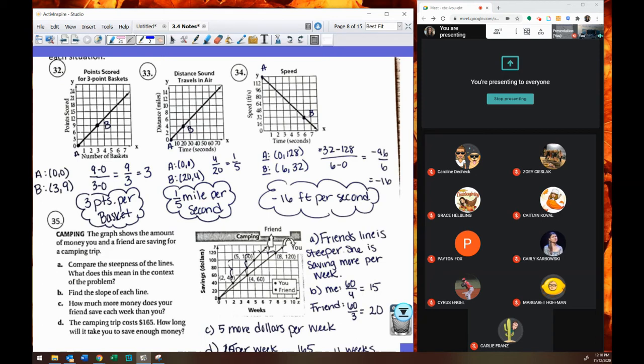We're talking about proportional relationships, which are specific situations where both variables in a problem change consistently. So they're going to be problems just like number 32 and 33, where it's a straight line. It starts at the origin. Are you guys familiar with the term origin? Like 0, 0. So you start at 0, 0, and you have a constant change all the way up through the graph.